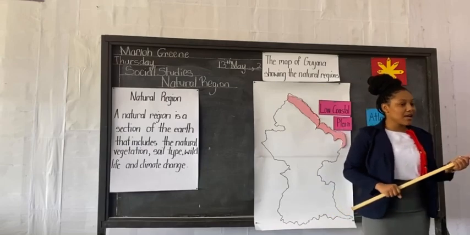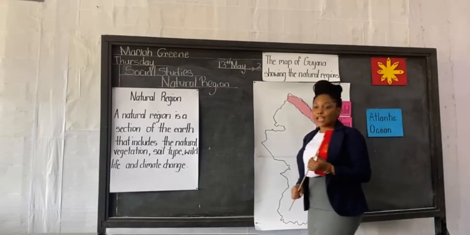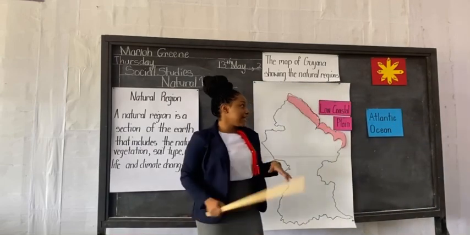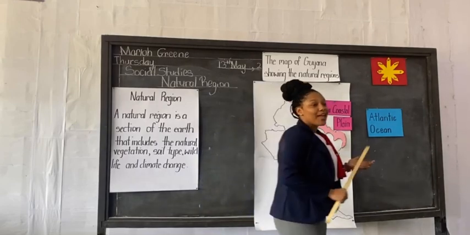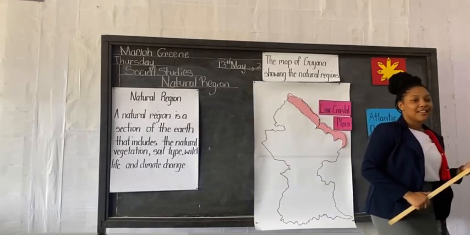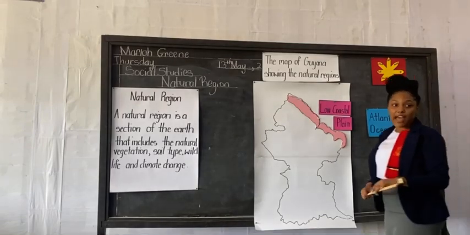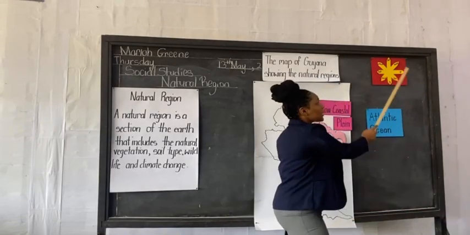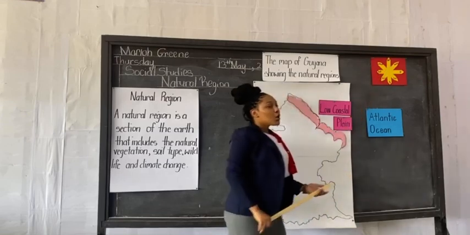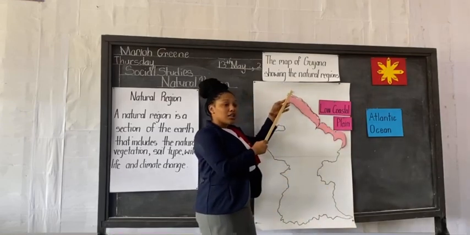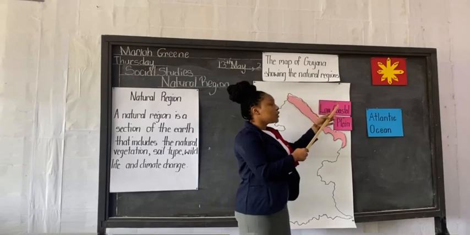Correct. Anyone else? Jasmine is saying to the northeast. Okay. Anyone else? Yes, Adam. Adam is saying to the northeast of Guyana. That is correct, because if you look at our compass, the low coastal plain is located to the north of Guyana, but also located to the east.